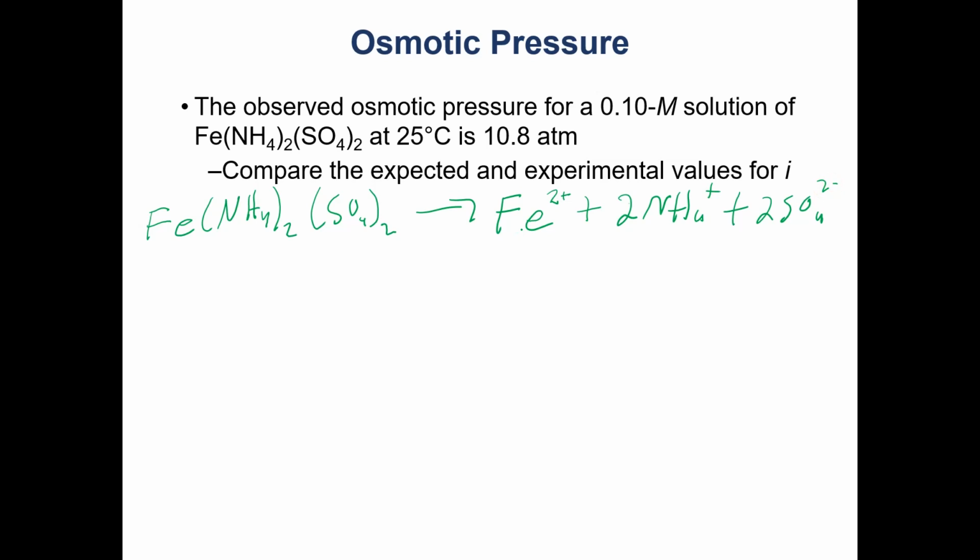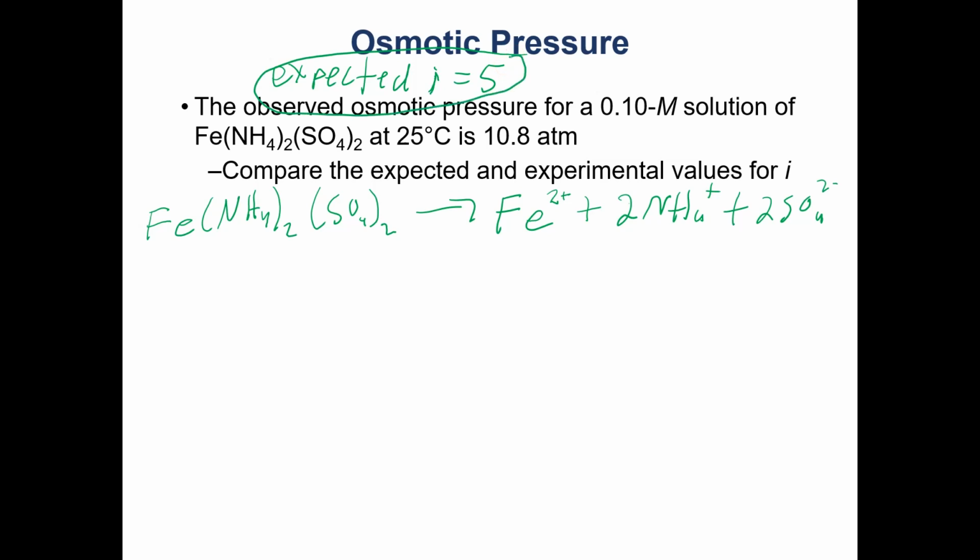So 1 mole of iron ions plus 2 moles of ammonium ions plus 2 moles of sulfate ions. Our expected value for i would be 5.